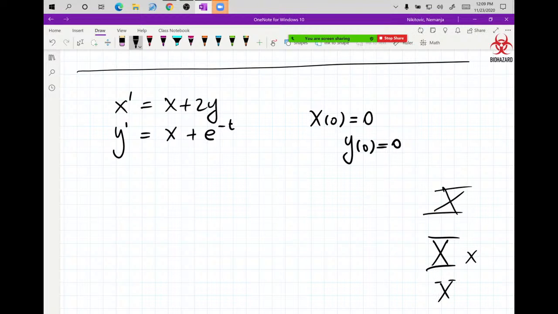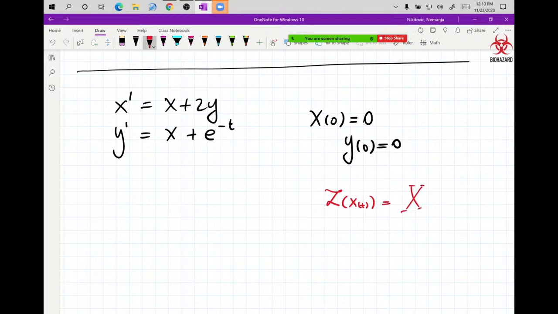And if you want to be a little bit more particular, you can do that as well. Just please don't do this and then you don't know which one is capital, which one is lowercase. So make sure that you can differentiate between them, because I'm going to now make this statement that Laplace of x of t is going to be given as the capital X of s, and Laplace of y of t is capital Y of s, because that's the notation that I'm going to use.